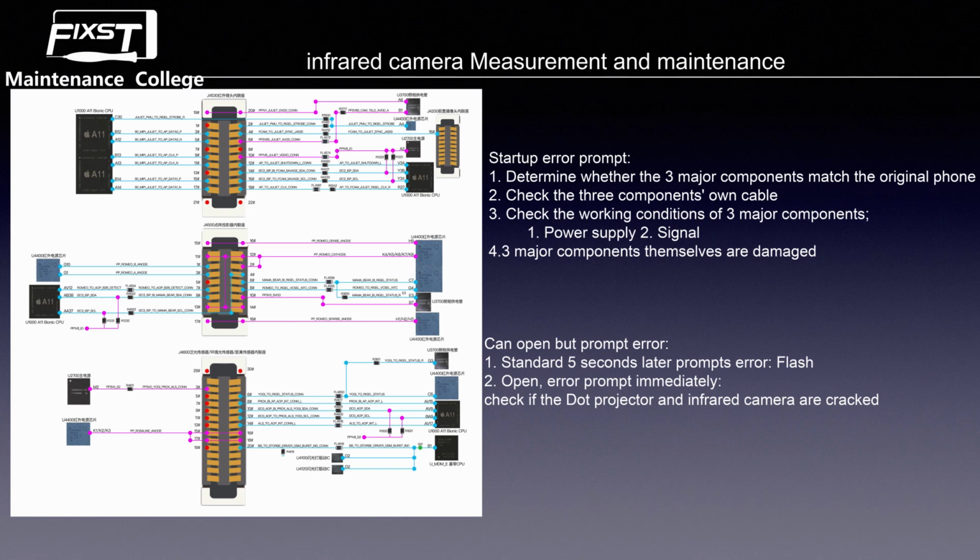And number 4 is if the IR camera, dot projector, or flood illuminator has a problem, their cell is damaged. In this case, the phone powers on and shows the error, and it cannot be used. If one of these 3 components is damaged, it cannot be repaired because they are all encrypted and cannot be changed.